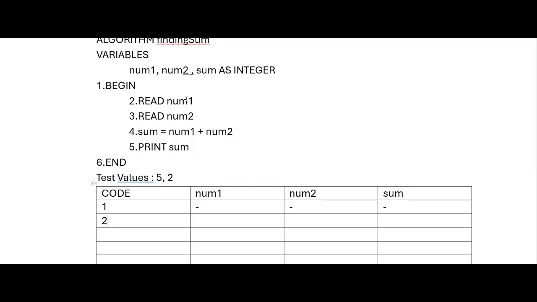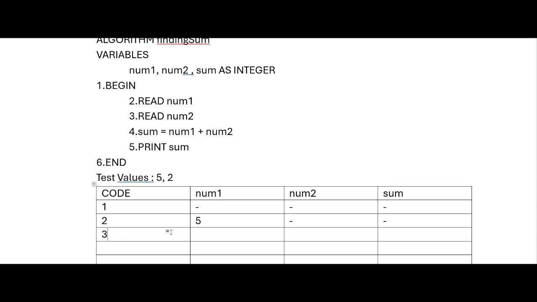Because read num1 is saying get input from the user and store it inside of num1. But since we are testing our program, we need to put in a test value, and our test value will be 5. So at line 2, where we say read num1, we will now have the value 5 inside of it. Since we are currently still on line 2, and we have not yet read anything inside of num2, num2 is still empty, and sum is still empty.